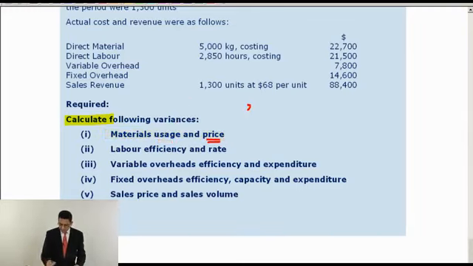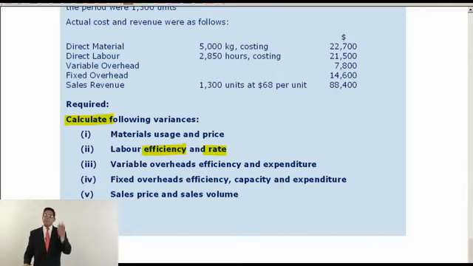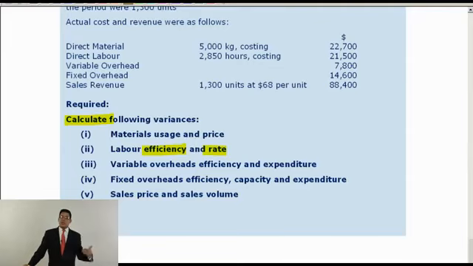Likewise, labor rate and efficiency. Efficiency is the responsibility of the production department, whether the production director or manager has utilized the workforce efficiently. And hiring and firing is the responsibility of the HR personnel department of the company, because they are responsible to hire the people and set the rate per hour for the people.